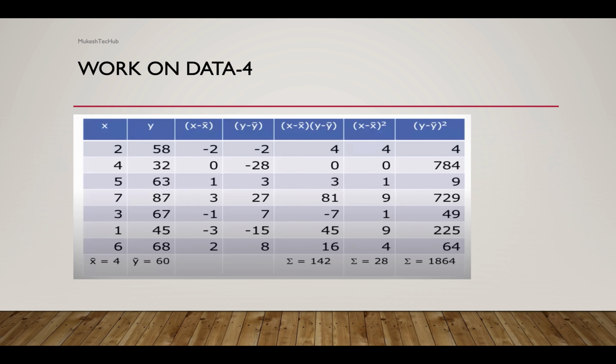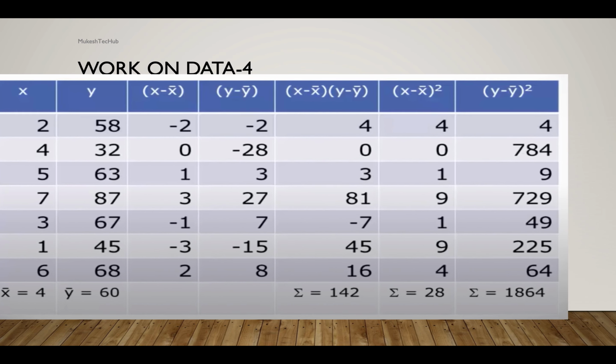After multiplication, we have to multiply x minus x bar into y minus y bar. Already we have done that one. After that we have to do the whole square of x minus x bar, that is the mean of the x. If we do -2 whole square, 4, 0, 0, 1 to the 1, 3, 3 square is 9, and similar for the y column also.